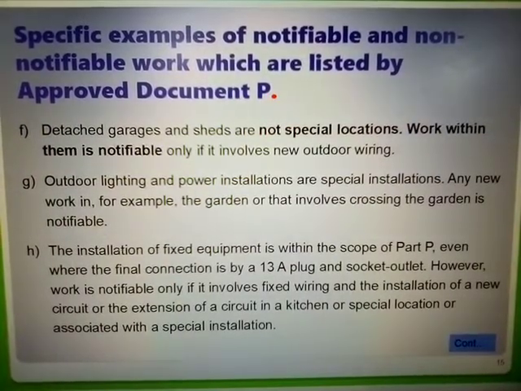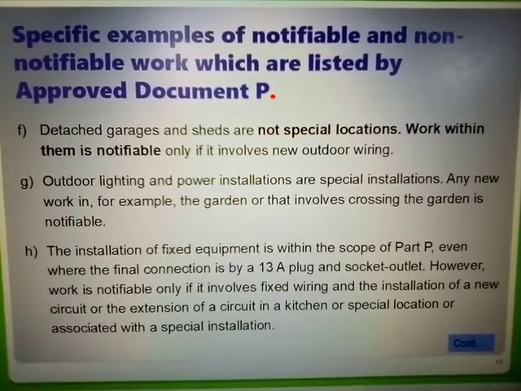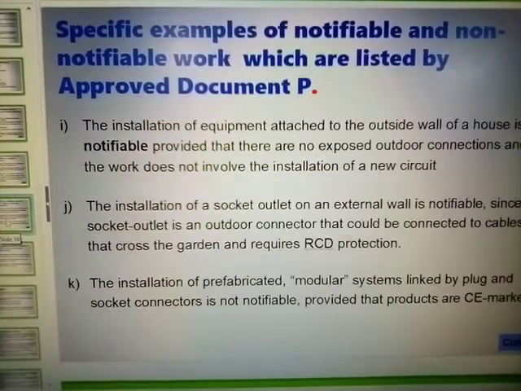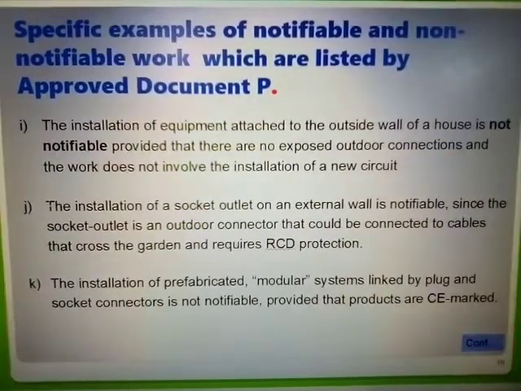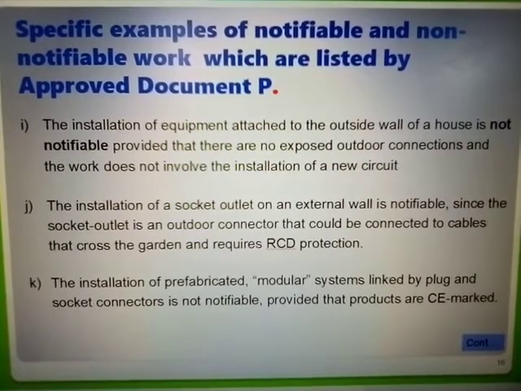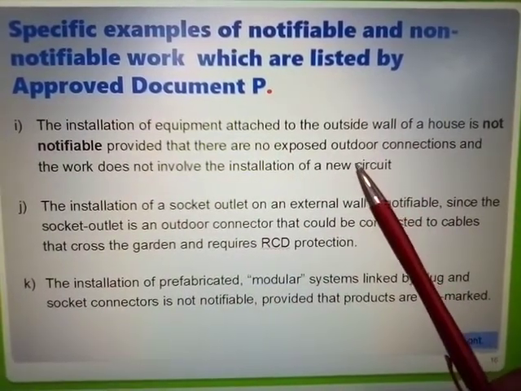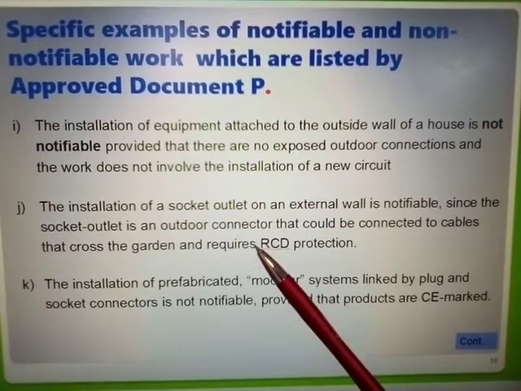And again here, specific examples of notifiable and non-notifiable work which are listed by Approved Document P. It simply continues, okay? And you can read this for yourselves. And again, it still continues. This information is again relevant to yourselves as electricians. You'll need to be aware of this and take note of it, okay?